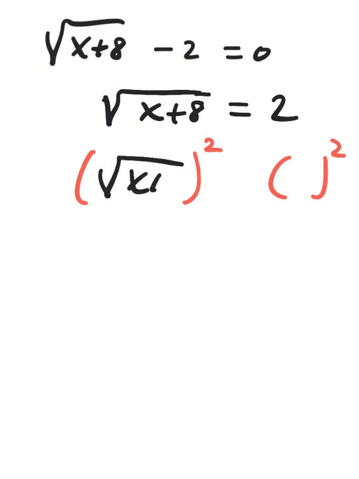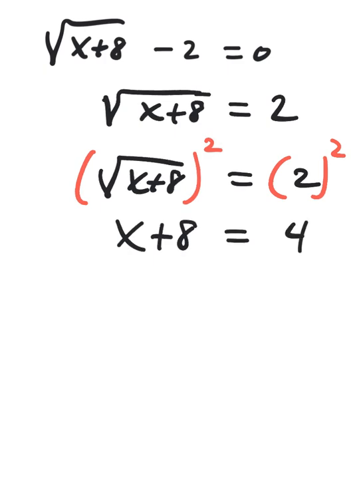A square root and a square undo each other. So that's going to give us x plus 8. A couple of 2's multiplied make 4. Subtract 8.